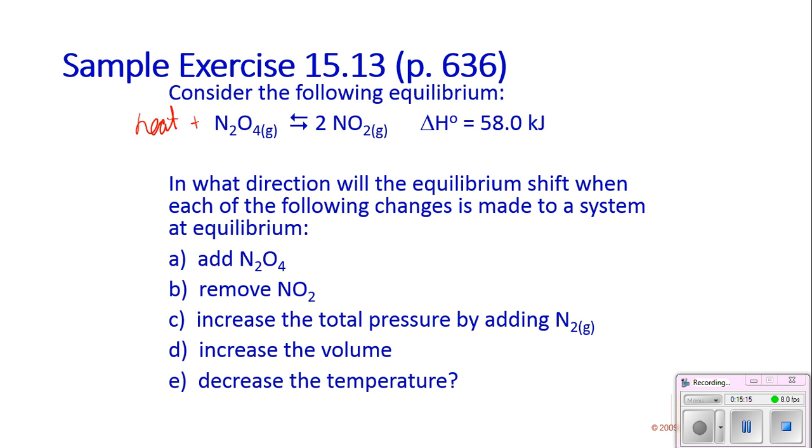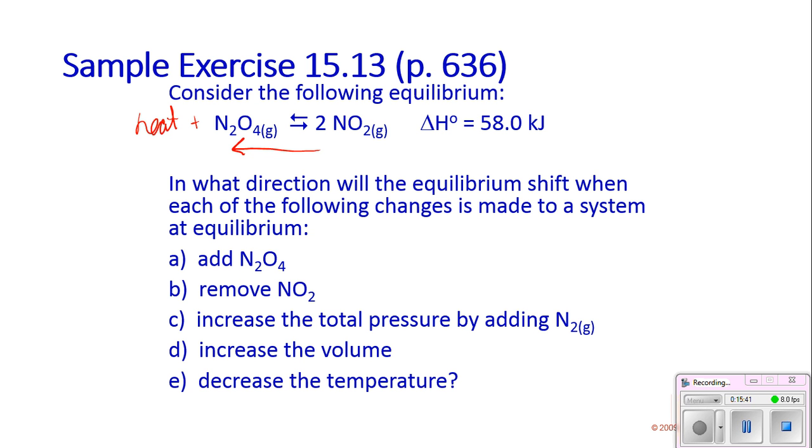So if we decrease the temperature, think about what happens when we remove a reactant, remove our heat. Which way does that push the equilibrium? That means it's going to push it towards the reactant side.